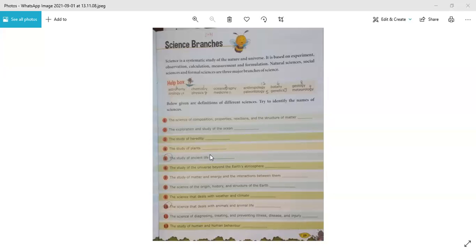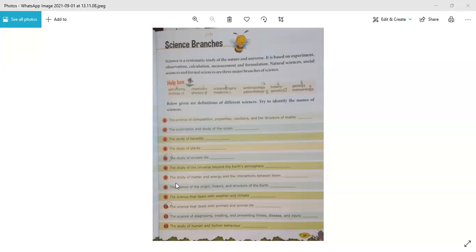Okay. See, there are so many scientists who study plants. So the term that is used for the study of plants is known as botany. Okay. So you learn the spellings BOTANY and learn it by heart, that the study of plants is known as botany.